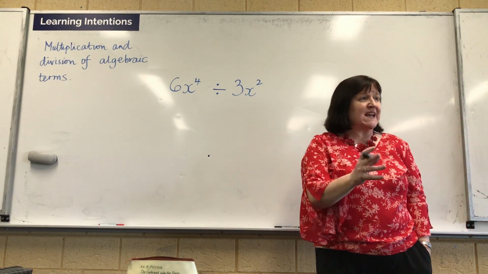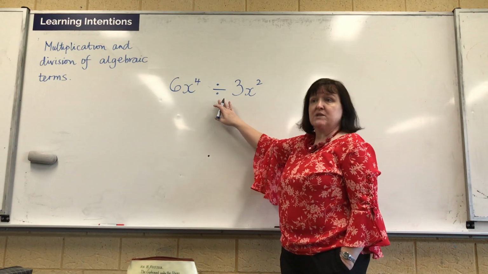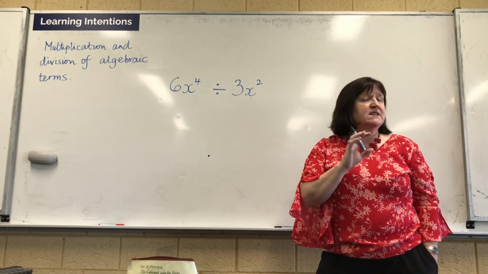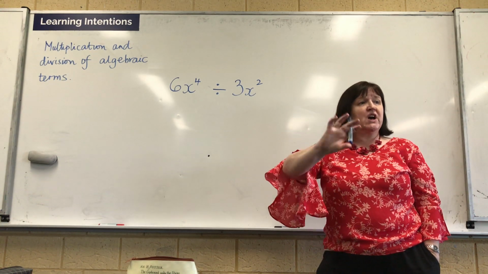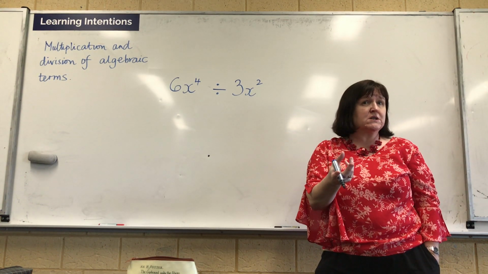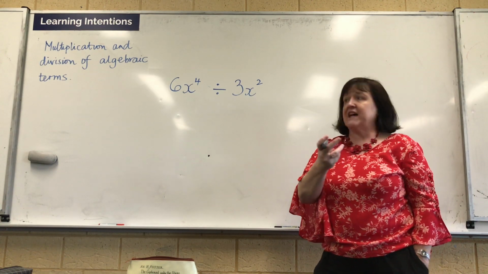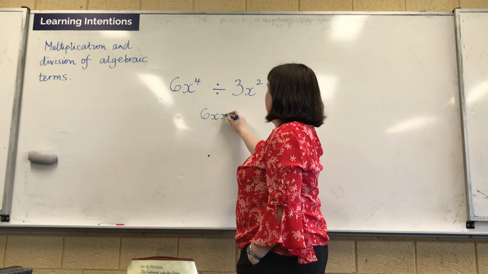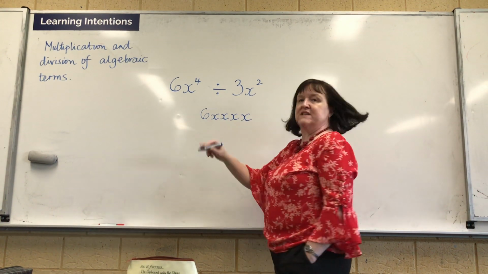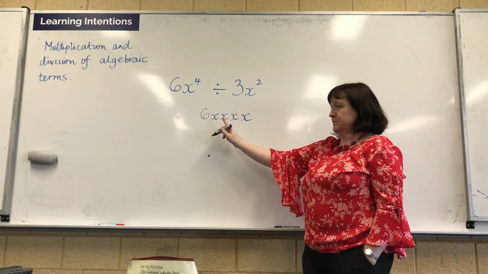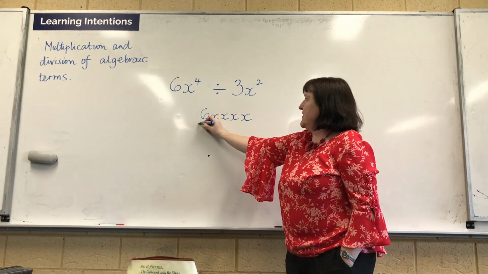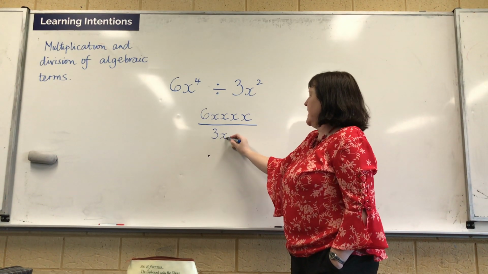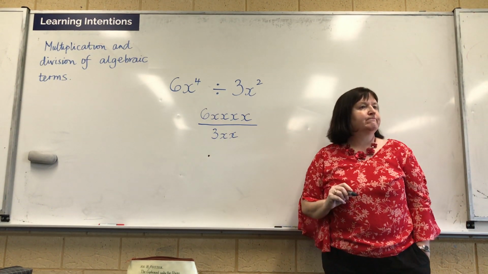Now, you will be presented with sums like this with the division sign, okay? But my advice is if you get one like this, turn it straight into a quotient and do it in expanded notation. So the top one will be 6x, x, x, x, obviously x to the power 4, x times x times x times x, and then it's going to be divided by 3x times x.